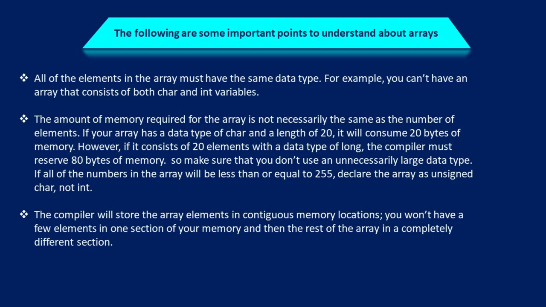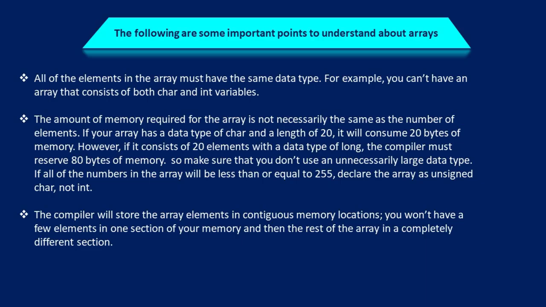Next, the amount of memory required for the array is not necessarily the same as the number of elements. If your array has a data type of char and a length of 20, it will consume 20 bytes of memory. However, if it consists of 20 elements with a data type of long, the compiler must reserve 80 bytes of memory.